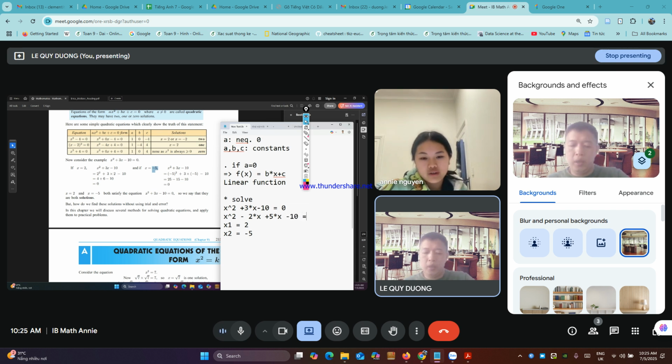Minus 10 equal to 0. Then the first part is x multiplied by x minus 2, plus 5 times x minus 2, equal to 0.